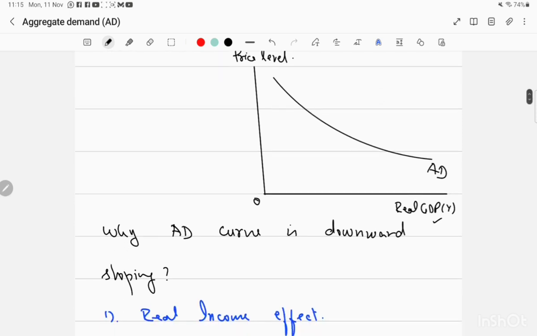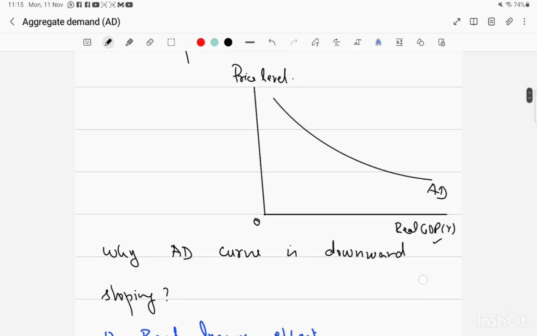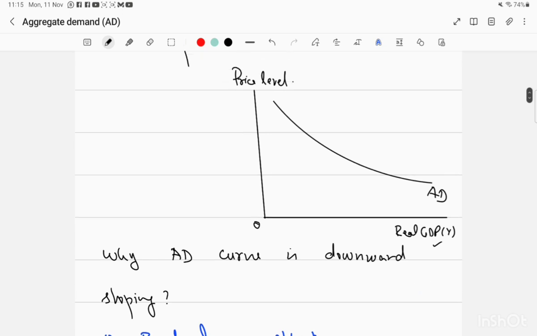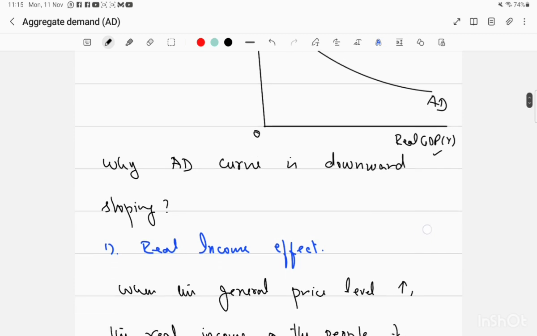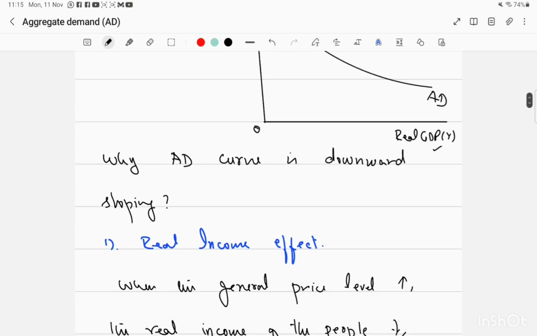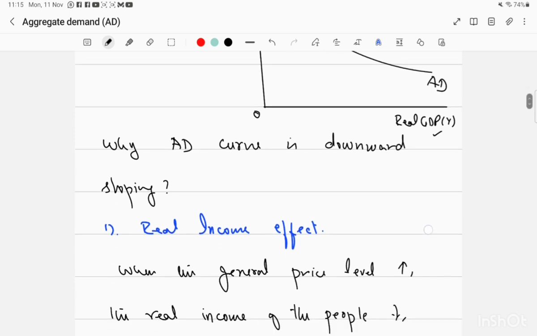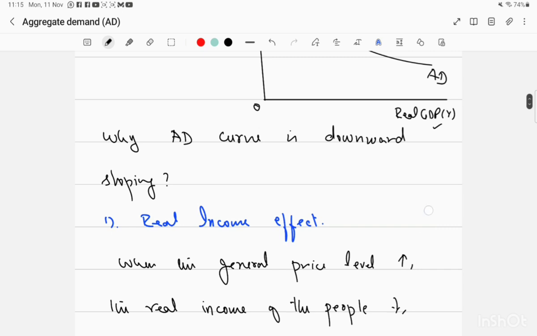Now aggregate demand is downward sloping. Downward sloping means when prices are falling, more goods and services will be demanded by the people of the country, and vice versa. When prices are increasing, fewer goods and services will be demanded. So why is the aggregate demand curve downward sloping?